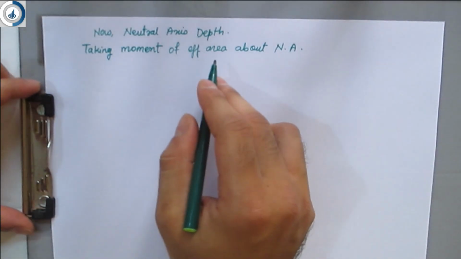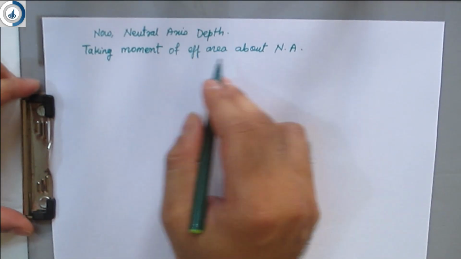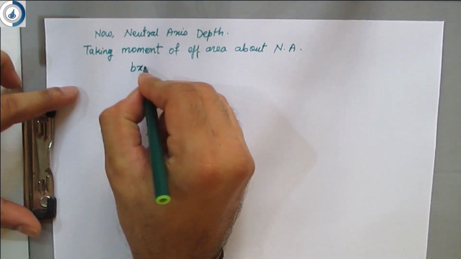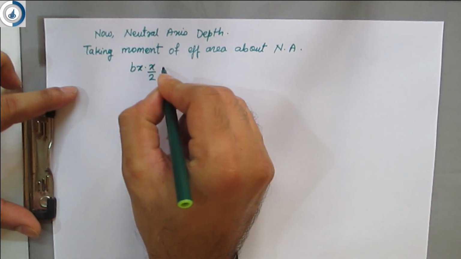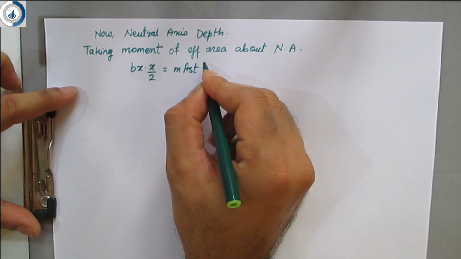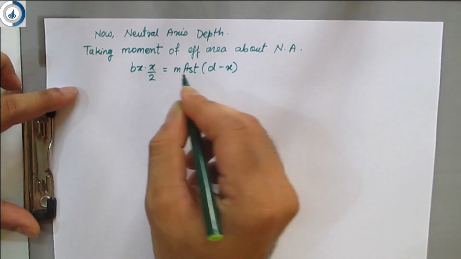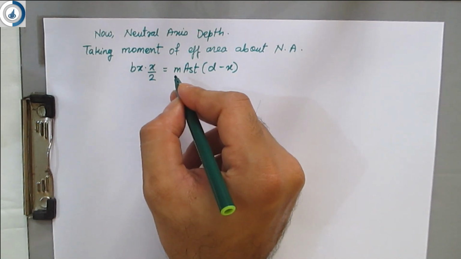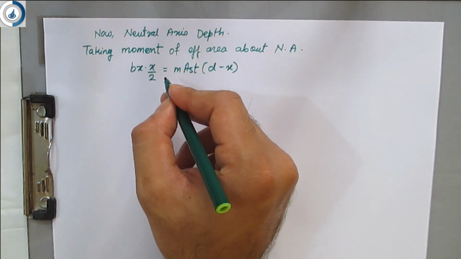Then taking moment of effective area about neutral axis, we have just seen. This formula is b x into x by 2 is equal to m AST into d minus x. This m we have to differentiate, that's why I have not taken m as moment, so we have denoted it as MC.